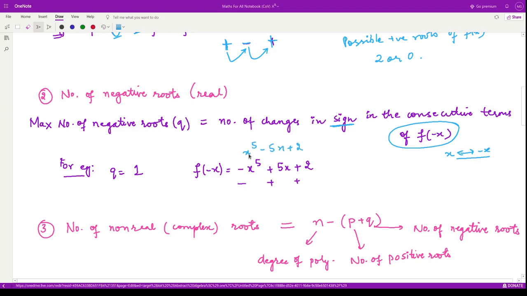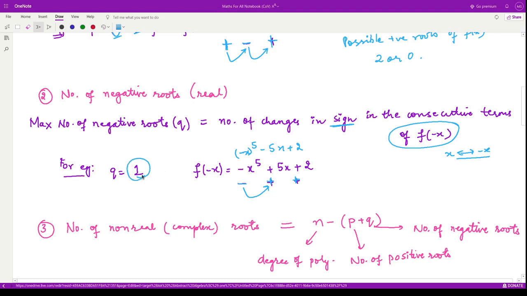When you replace x by minus x, it becomes minus x raised to power 5 plus 5x plus 2. Now you see the signs are minus, plus and plus, so we only have one change of sign, from minus to plus. Therefore q, the maximum number of negative roots, is equal to 1.